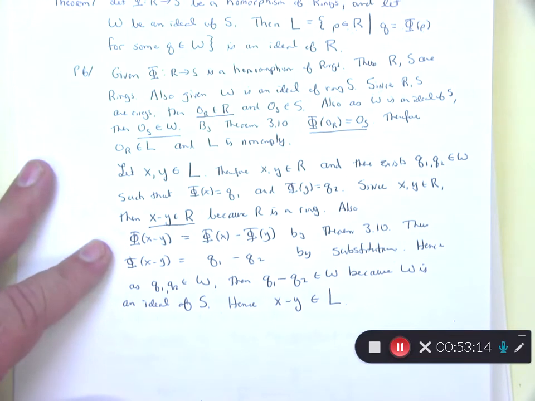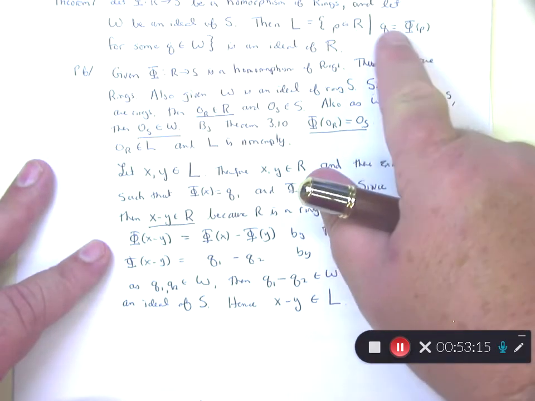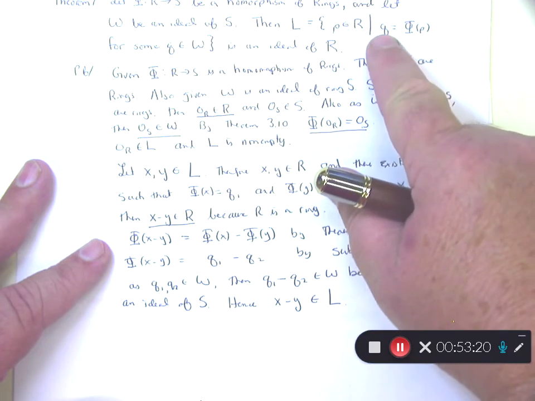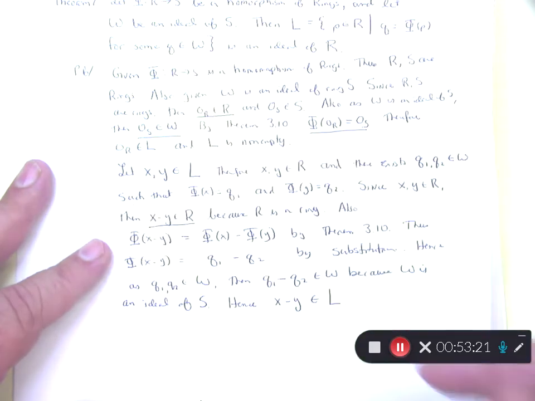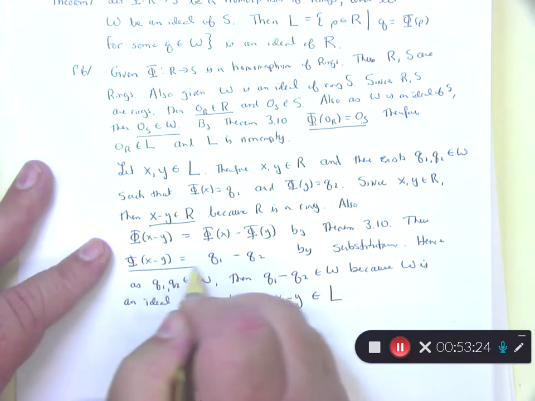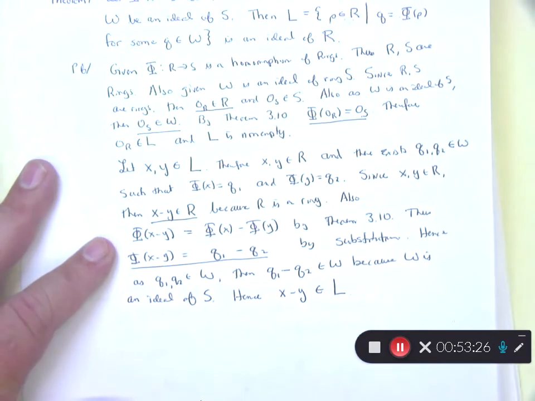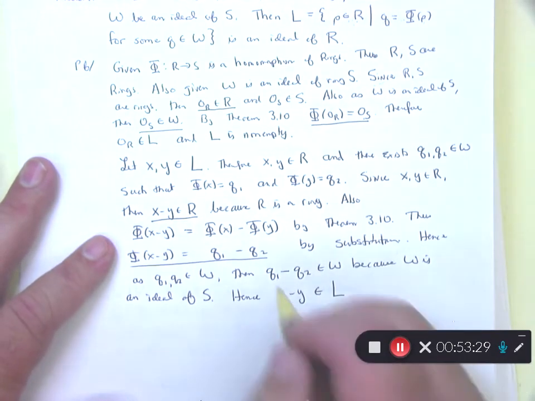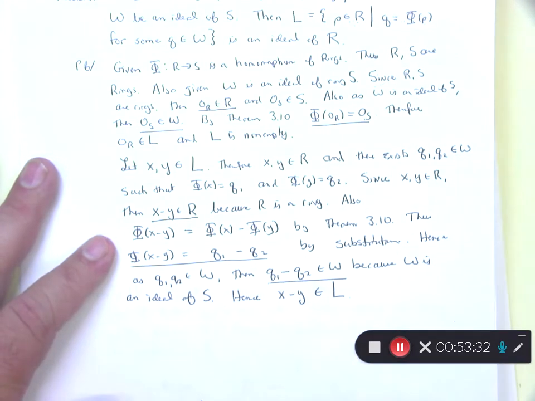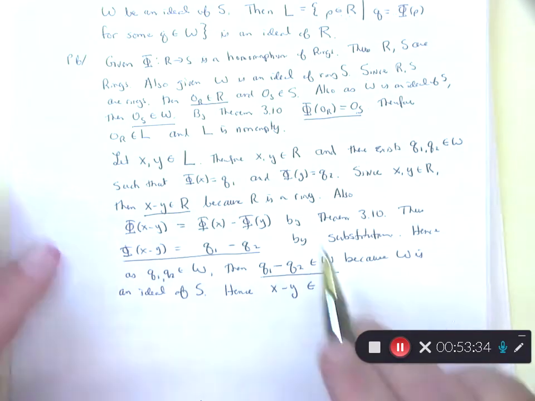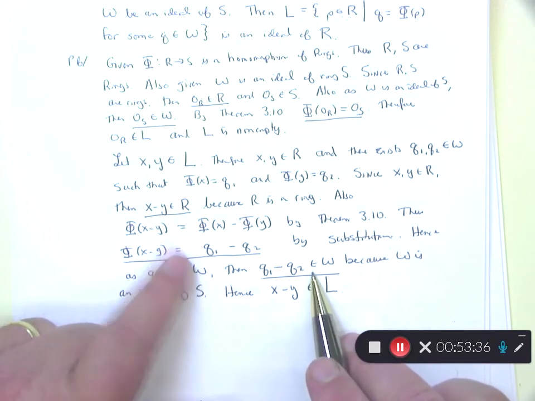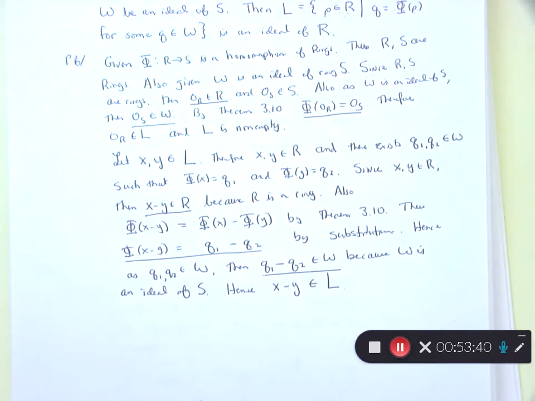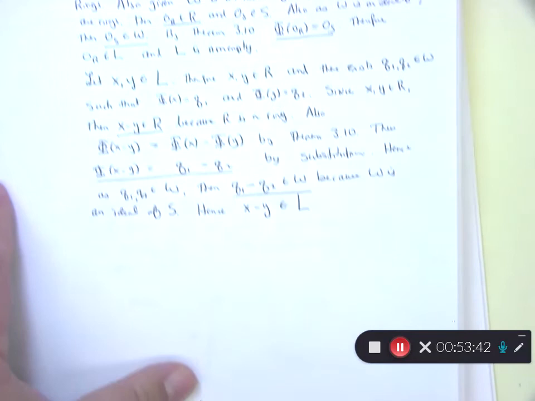Second, phi of x minus y has to be equal to some element that came from W. In this case, phi of x minus y is equal to q1 minus q2, where q1 minus q2 is from W. Where I come from and the two properties have both been satisfied. That puts x minus y as an element of L.